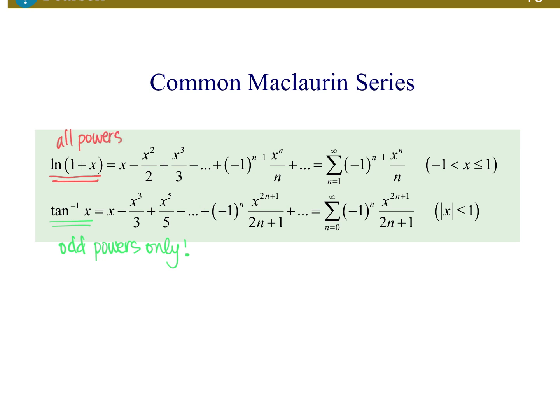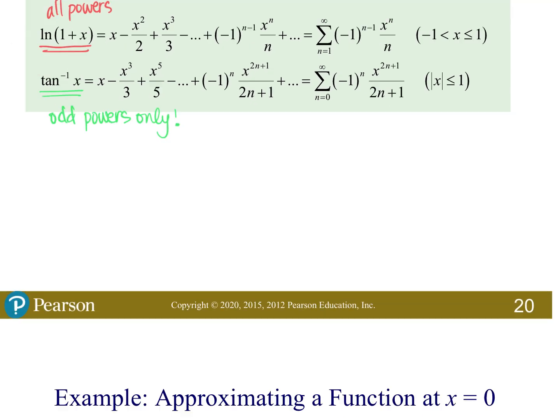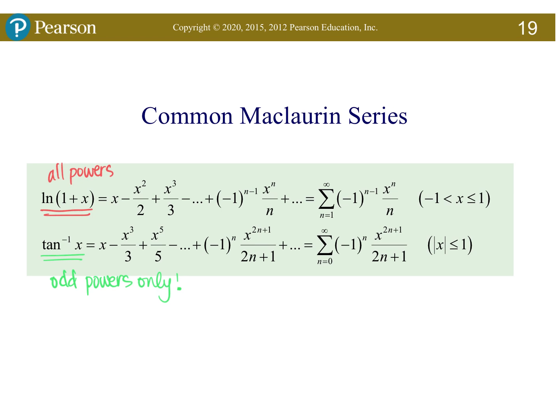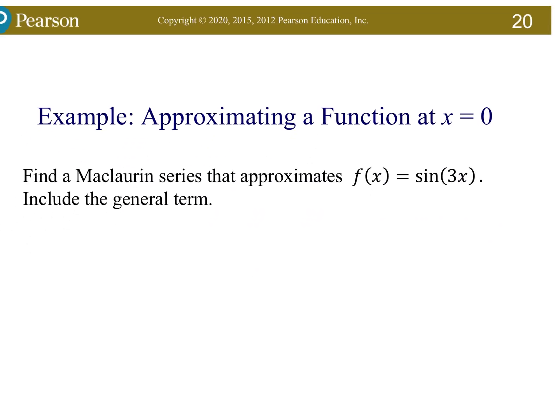Tangent is an odd function, if you think about the graph of tangent. So since tangent and tangent inverse are both odd functions, they are going to reflect all the odd powers. I don't know if that'll help you remember it, but there's no factorial. All right, those are some of the common ones.